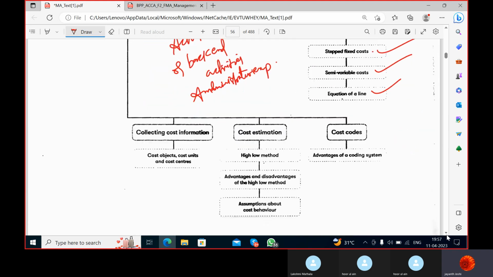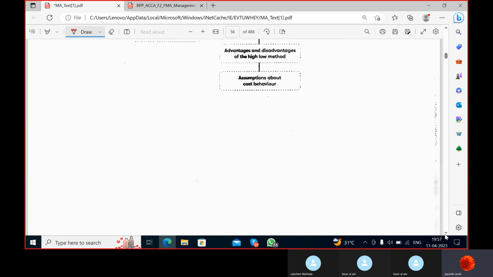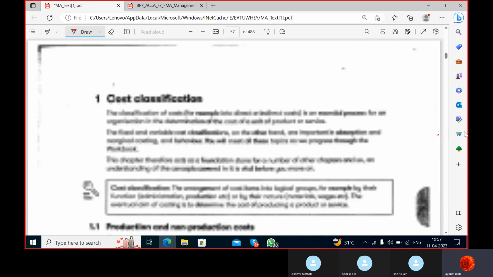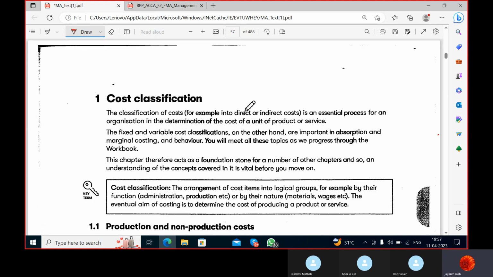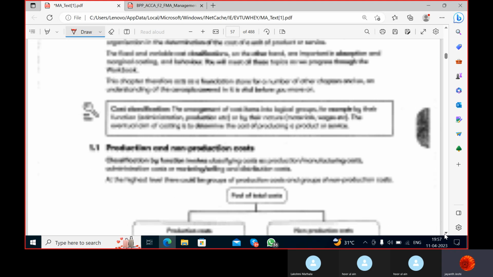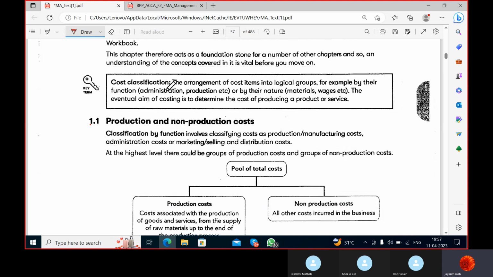Now let's go deeper into the chapter. Cost classification. We have already seen the example related to cost. First, let us discuss the production and non-production cost. Cost classification is the arrangement of cost items into logical groups.